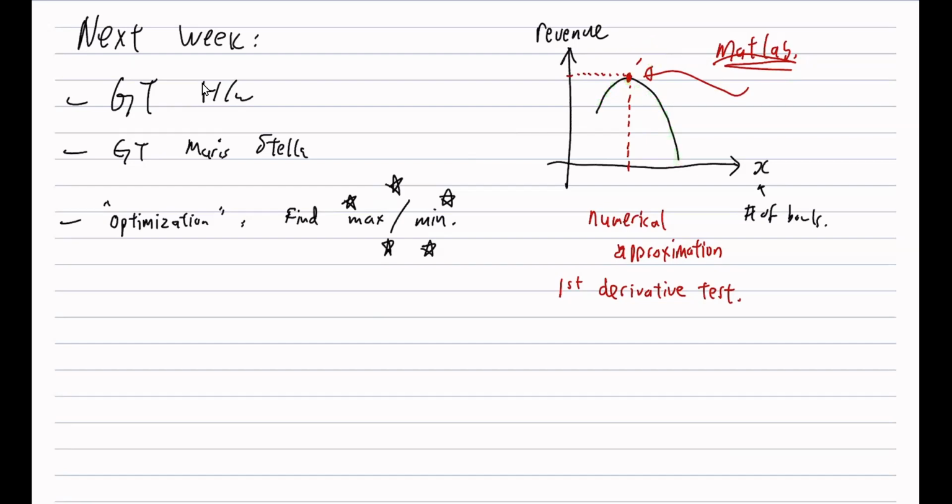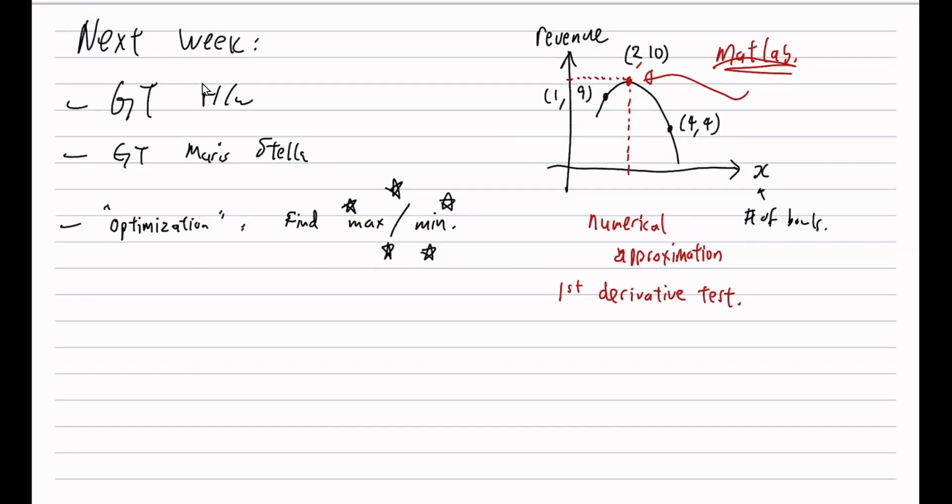Let's say, for example, this is 2, 10. Let's say this is 1, 9. Let's say this is 4, 5. What's so special about this 10 compared to a 9 and a 5? It's bigger. It's the biggest.